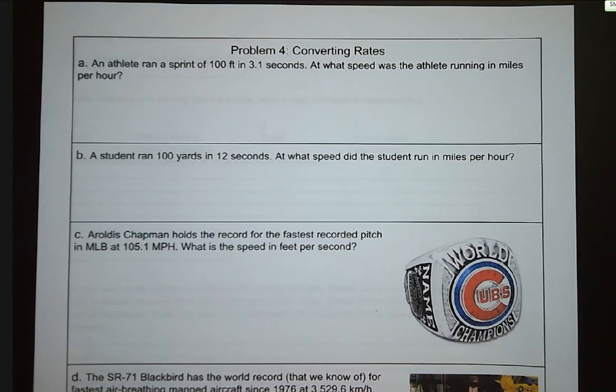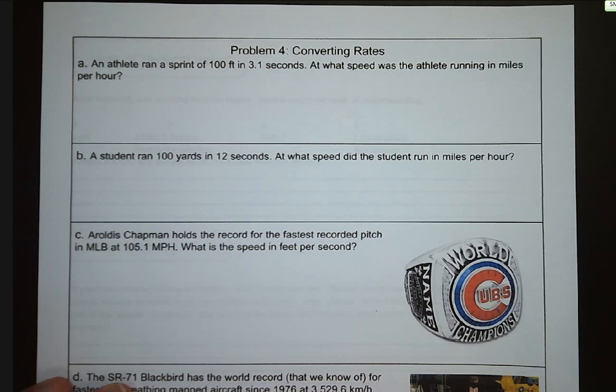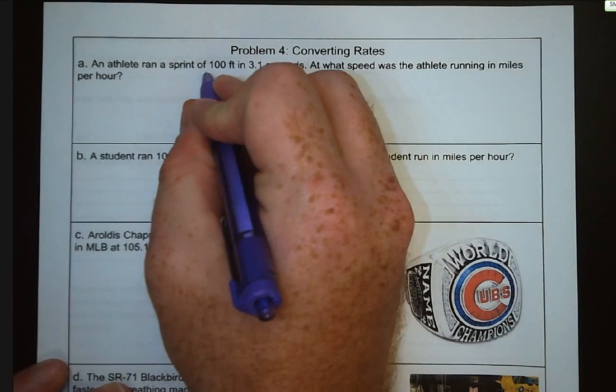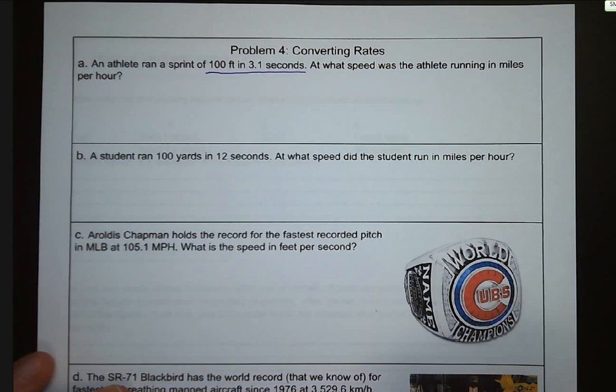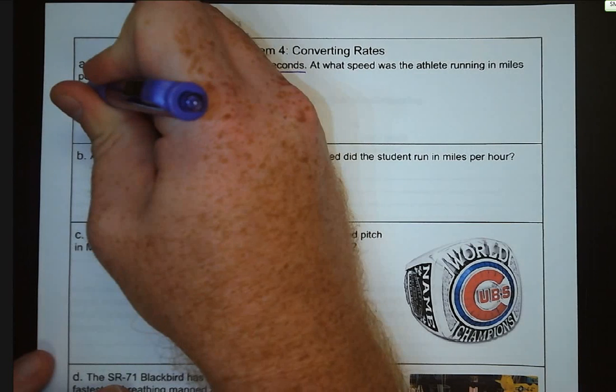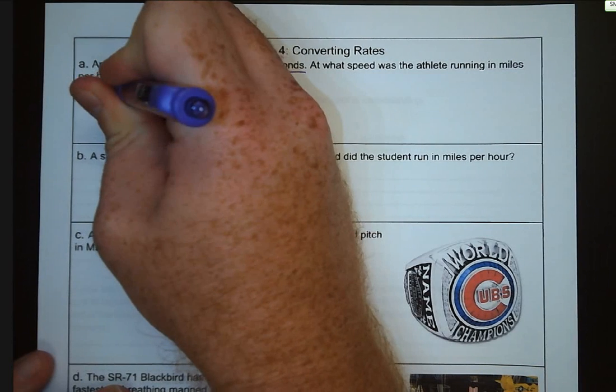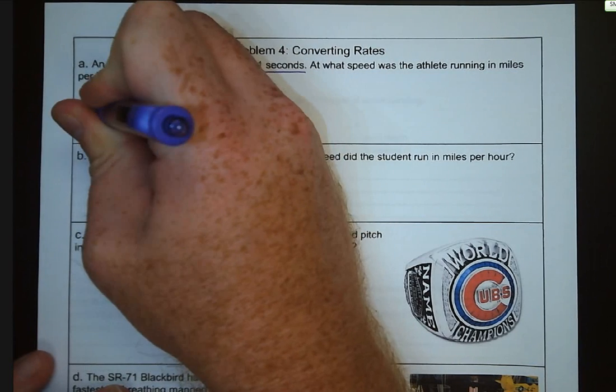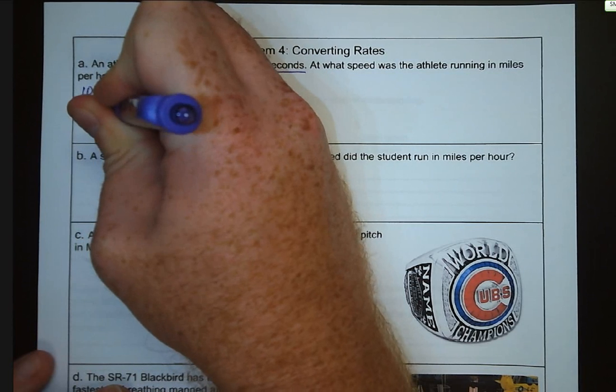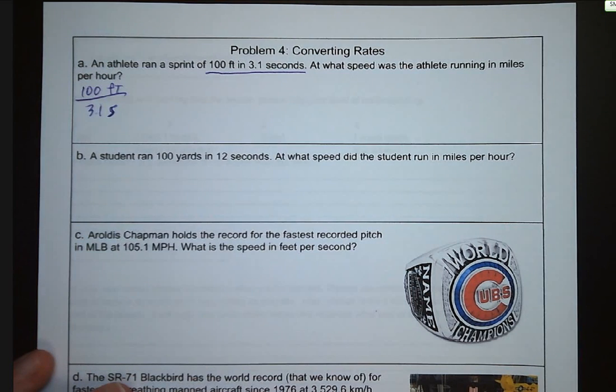So not only do we need to convert the unit in the numerator, we need to convert the unit in the denominator as well. So 100 feet in 3.1 seconds. We start that off as our ratio, 100 feet over 3.1 seconds. Make sure your S looks like an S and not a 5, like mine.